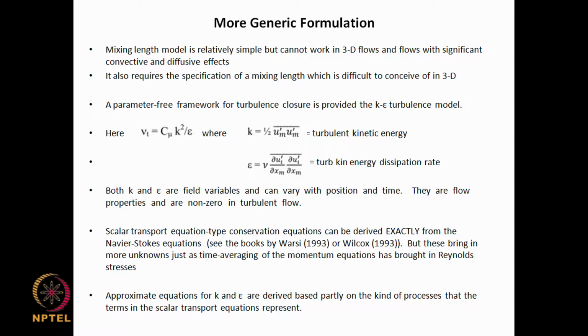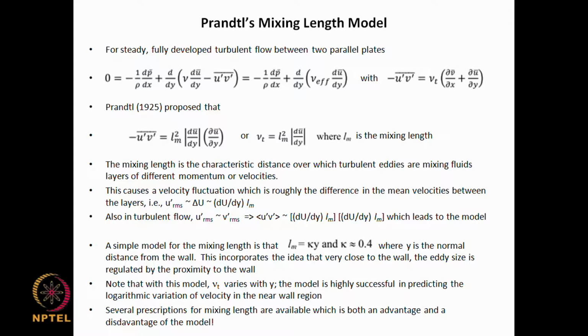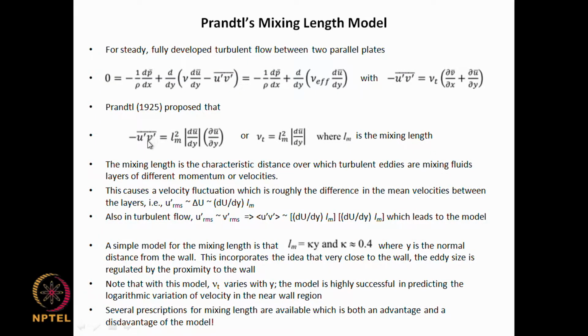Another big disadvantage of the mixing length model is that it says whatever turbulence is there, it's because of the local velocity gradients. It attributes the presence of these Reynolds stresses to a local velocity gradient, and we can see that here in this expression for u prime v prime bar, where y is the distance from the wall and there is du by dy.